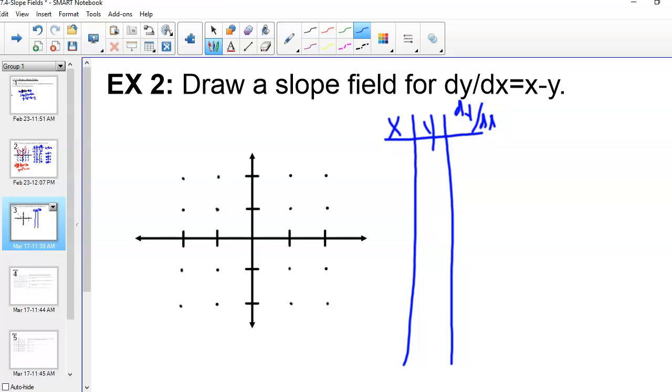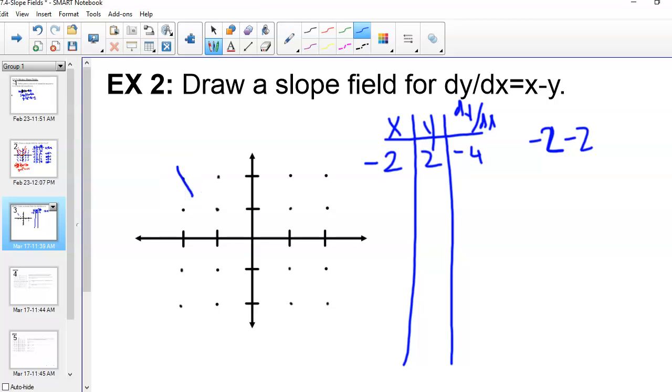And so I'm going to start again at negative 2, 2. And if I'm doing negative 2, 2, that means that I'm going to be doing negative 2 minus 2. And so negative 2 minus 2 is going to give me negative 4. Okay, so we have a slope right here at this point of negative 4.